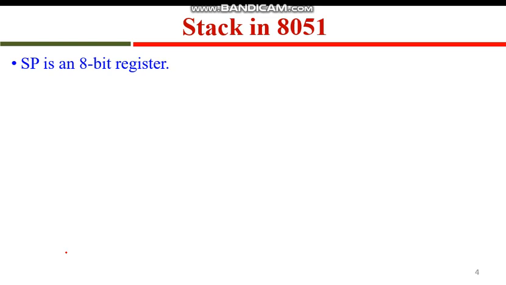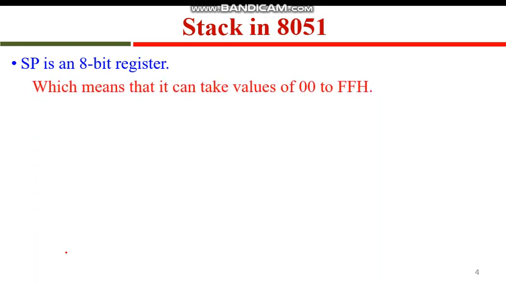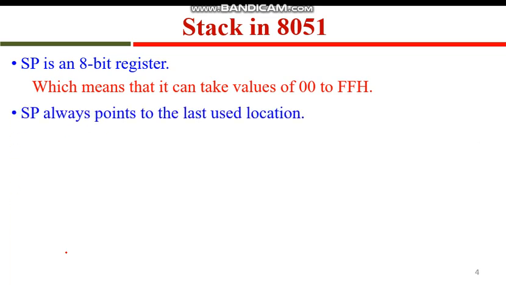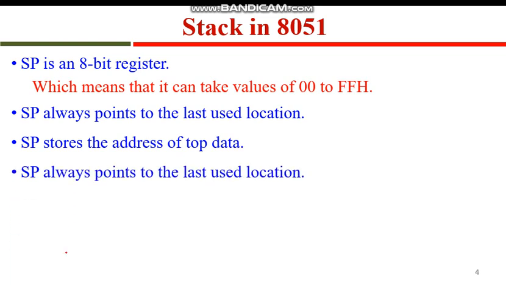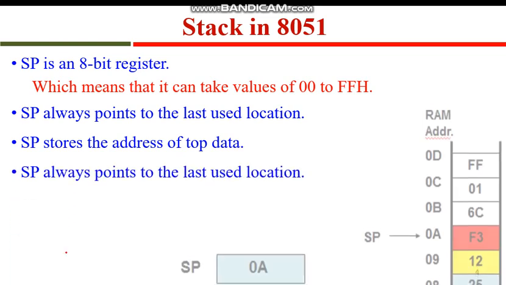So we can say SP is 8-bit register, which means it can take value from 00H to FFH. It always points to the last used location. The SP stores address of the top data. It points to the last used location.